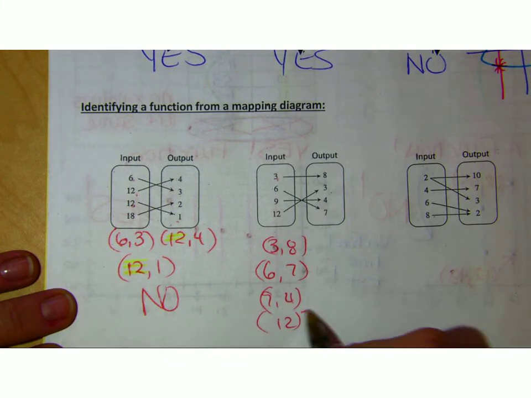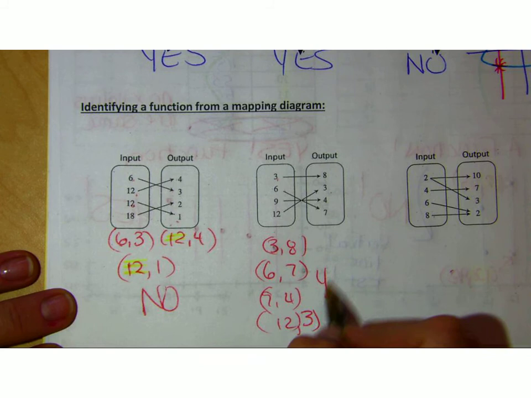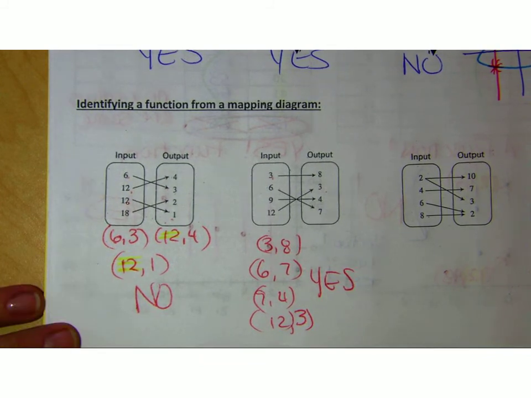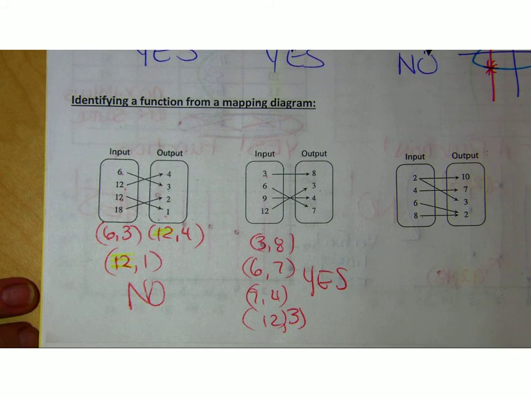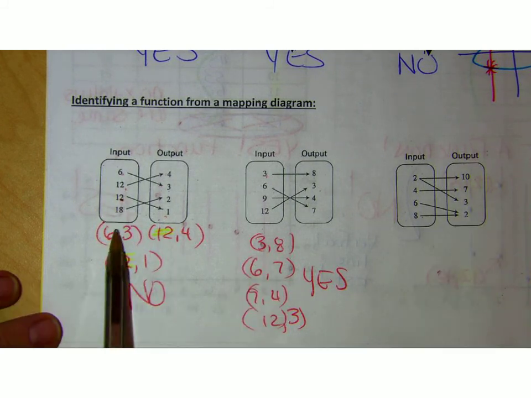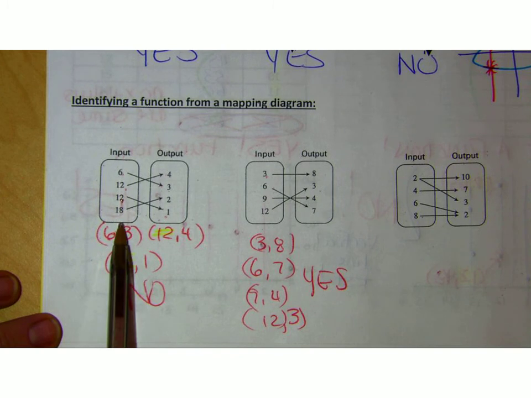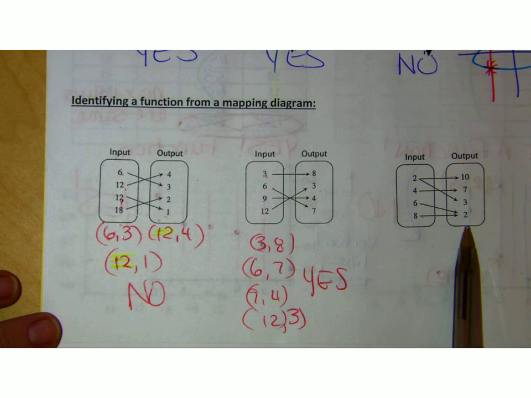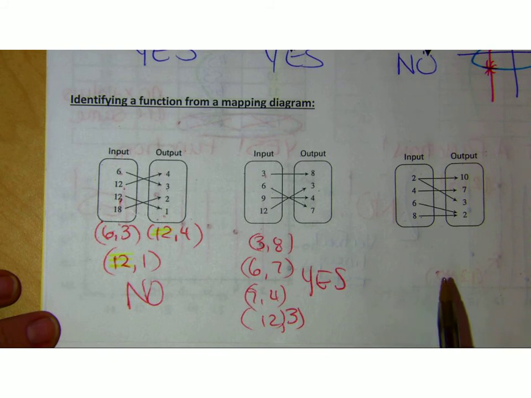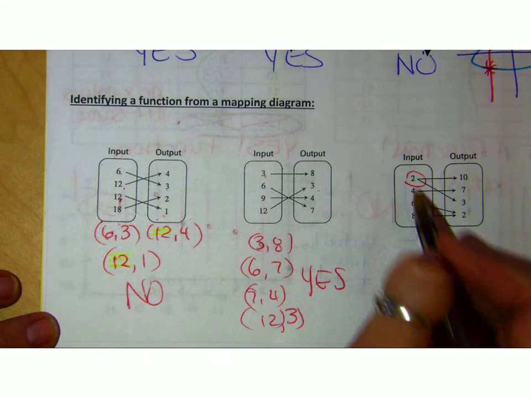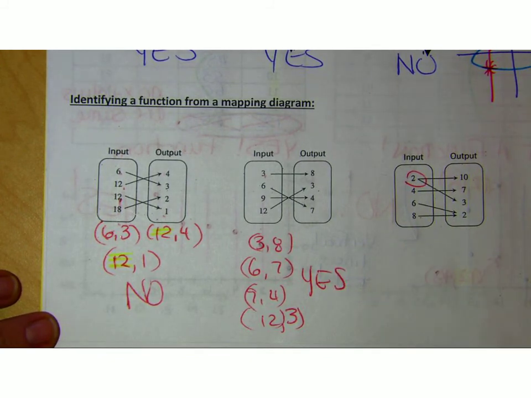Okay. Ooh, this one's dangerous. It's very dangerous. Because if you think all you have to do is look and see if there's repeating numbers like you do in tables, you are in trouble. Because this is not a function. But I know somebody says, well, I see 2, 4, 6, and 8. Yeah, there's nothing that repeats. What about these arrows? How many arrows are coming out of that 2? 2. So is this input 2 paired with 10?